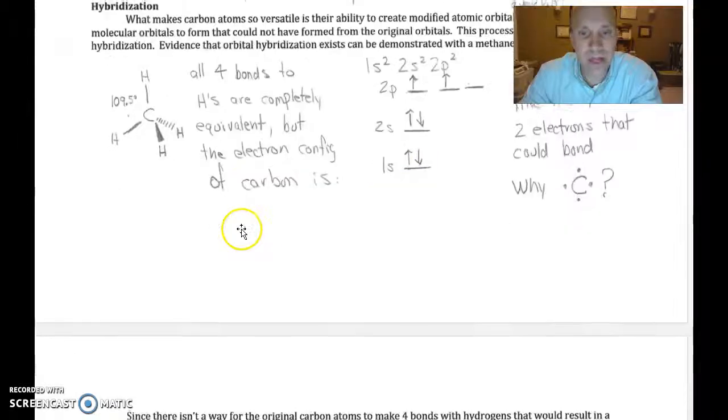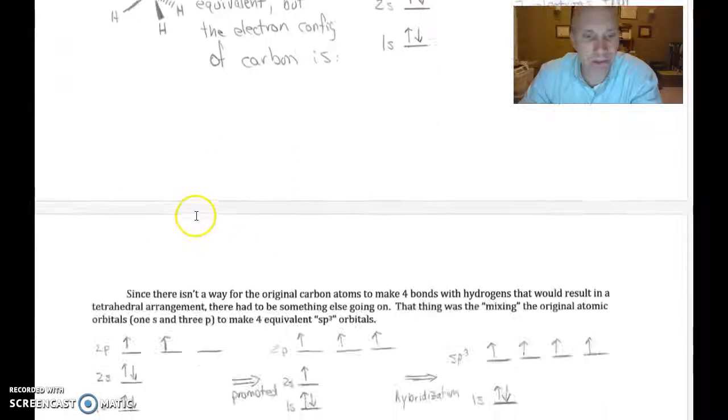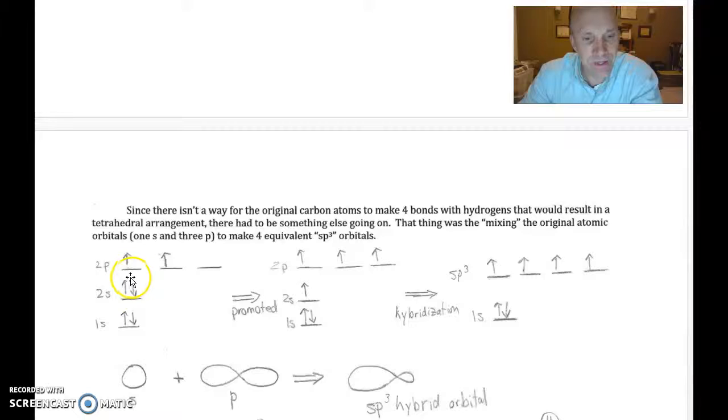So the concept of hybridization goes a little bit like this. If we take the original orbital notation of the single carbon atom, what we're going to do is what's called promoting an electron. We're going to take one of the electrons from this 2s orbital and promote it up to the 2p level. So we would then have this.